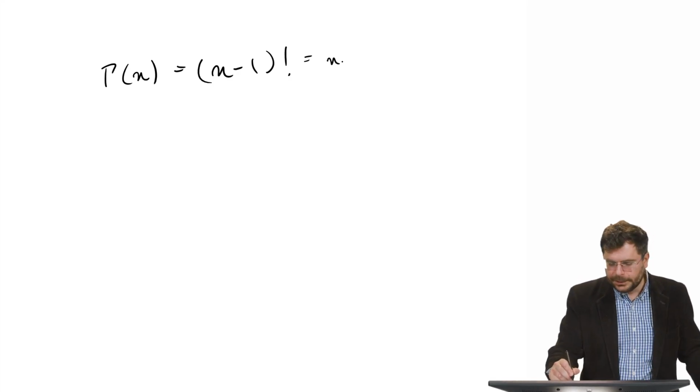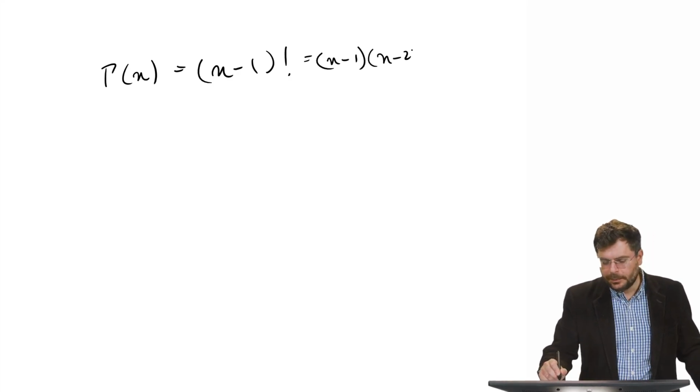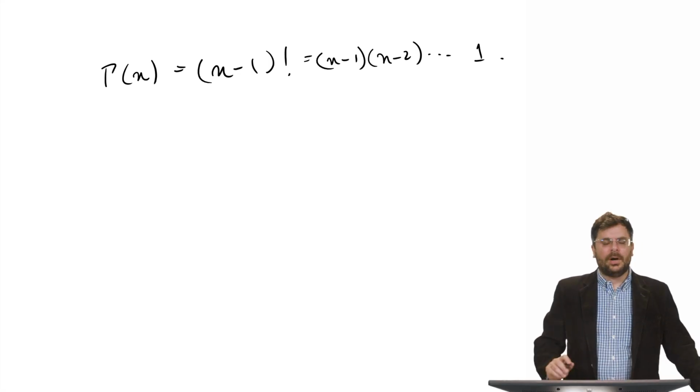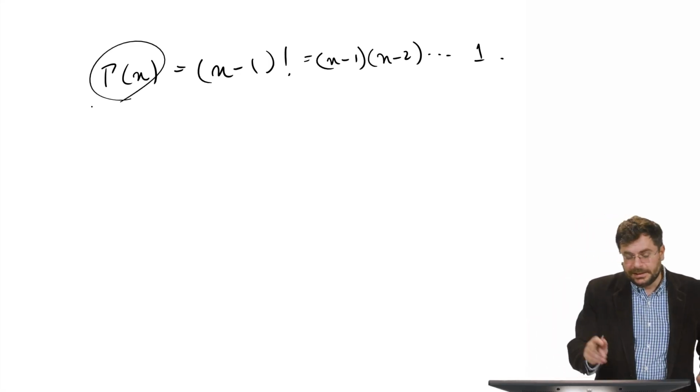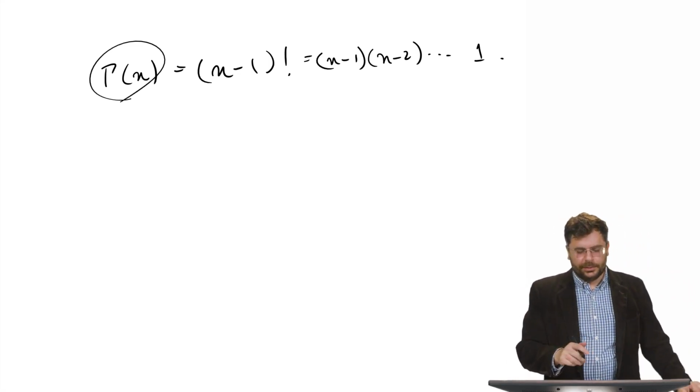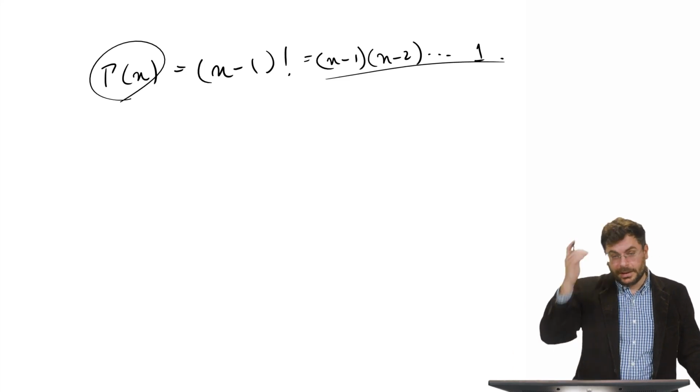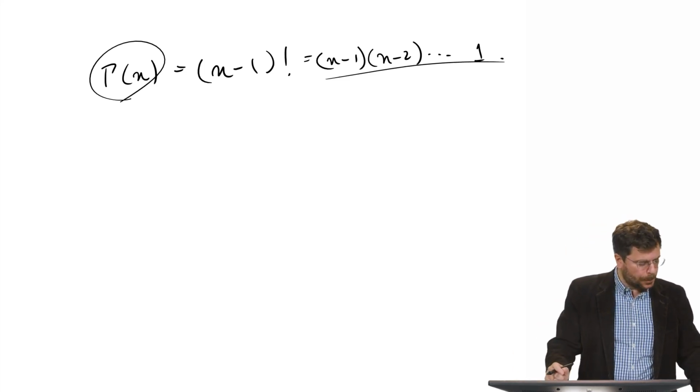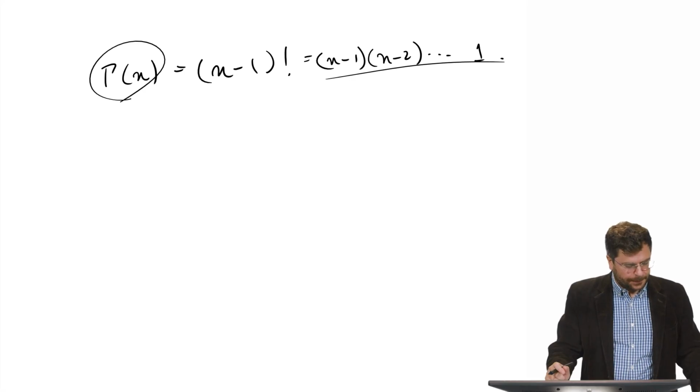In other words, n minus 1 times n minus 2, all the way to 1. The gamma function technically is a little bit more general because it can treat fractional factorials that I cannot write in this very simple form. But that's almost an aside here.